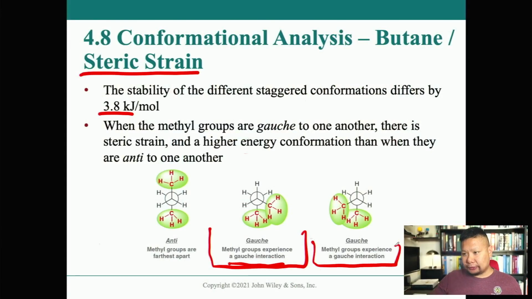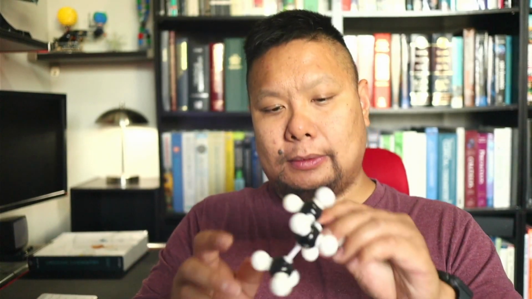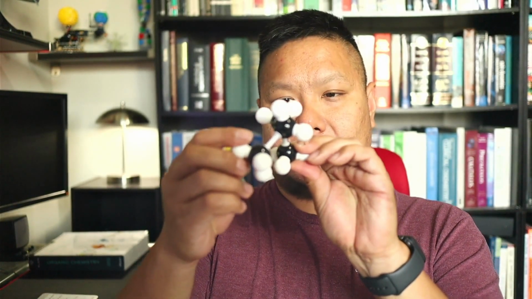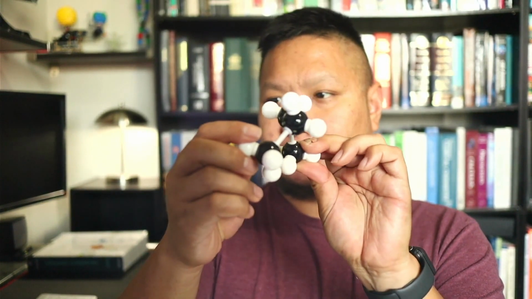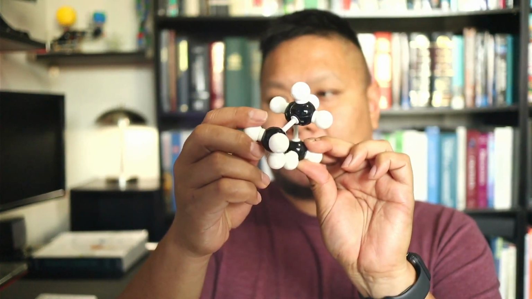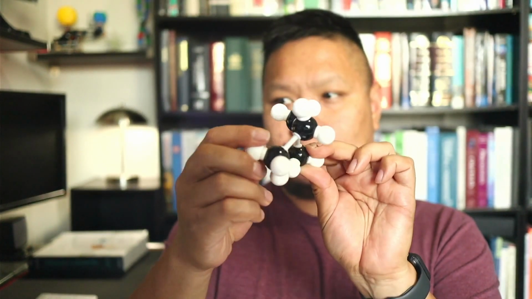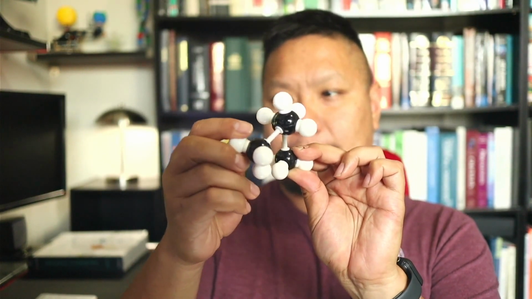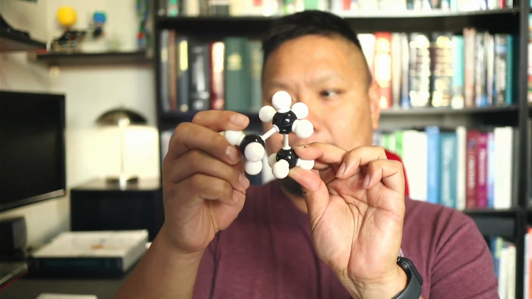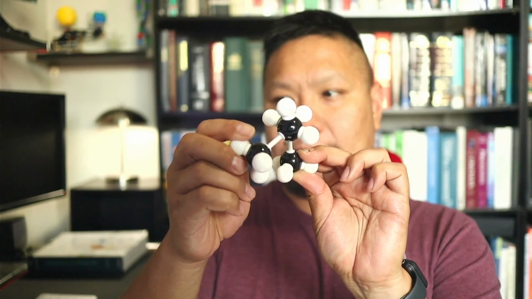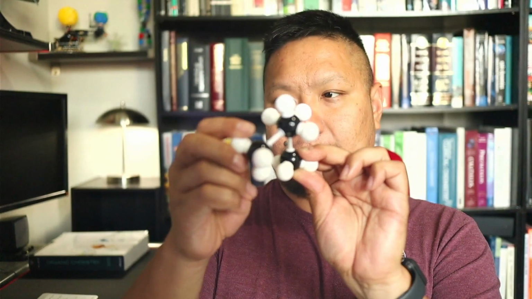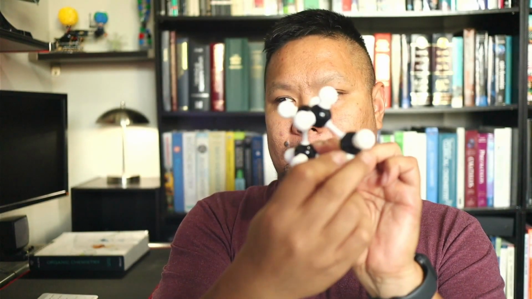We had the gauche that was over here, right? We had the gauche that was on this side here. We had the gauche that was when it was right here, right? 60-degree dihedral angle, and then it can go this way, right? Again, a 60-degree dihedral angle, and that's also gauche. So there's two gauche positions.